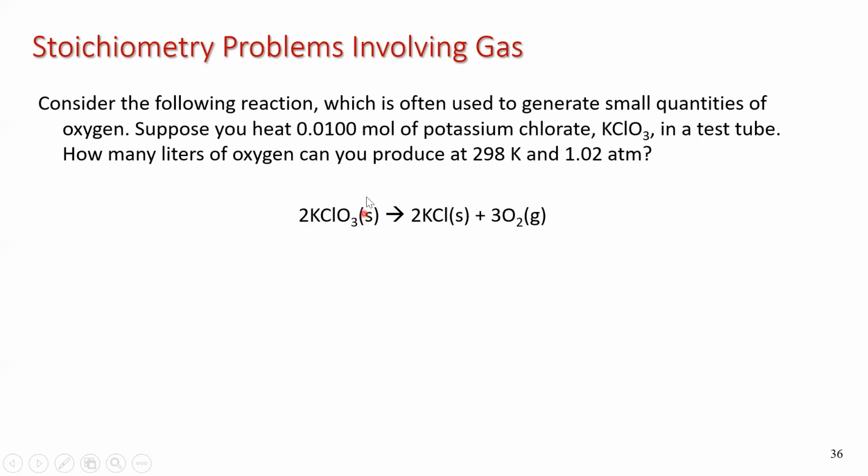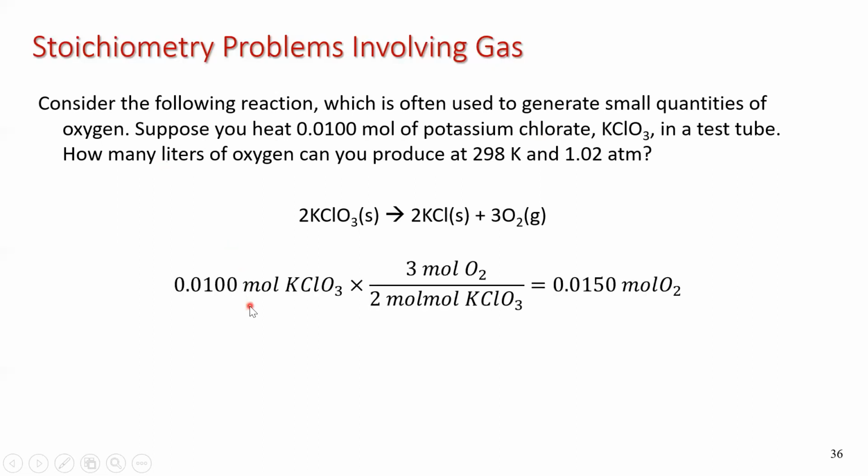If we know the moles of potassium chlorate and we have the balanced equation, we can do our stoichiometry to figure out the moles of oxygen gas. And if we know the moles of the oxygen gas and the temperature and the pressure of that gas, we can use our ideal gas law equation and figure out the volume.